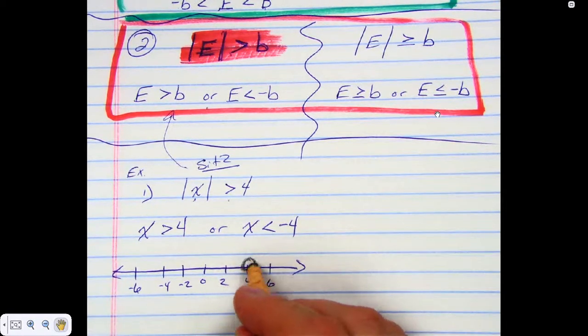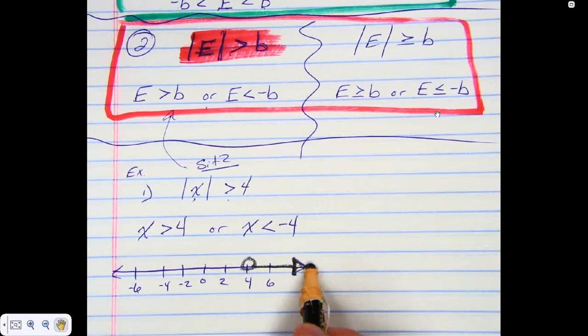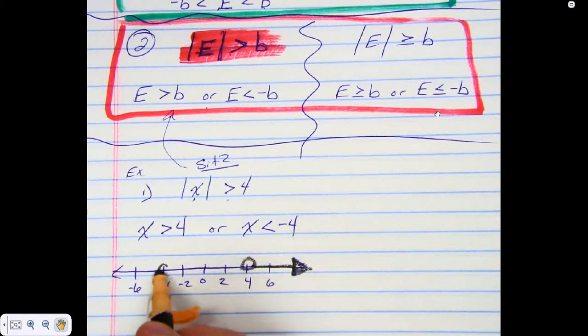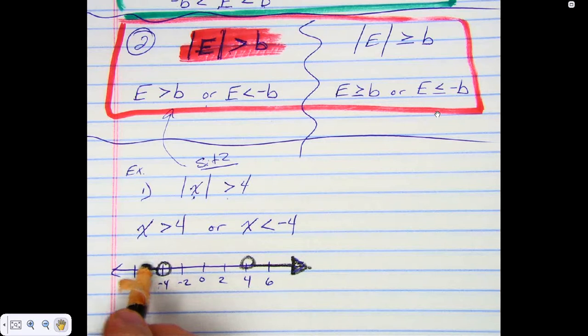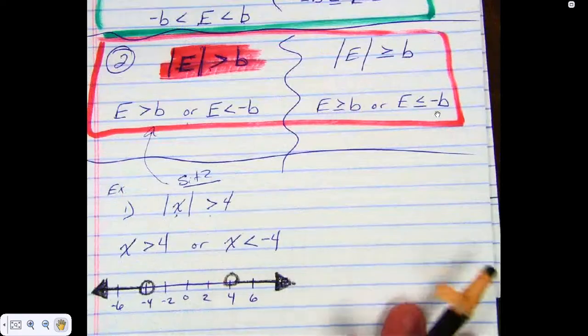So it's an empty circle on 4. And I'm talking about the ones greater than. That's to the right, isn't it? So I'm talking about that. But I'm also talking about the ones less than, and I'm not including negative 4. And that'd be to the left. See? These are closed intervals. These are open intervals.